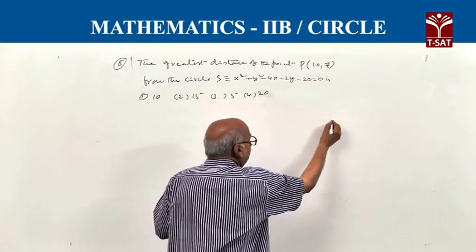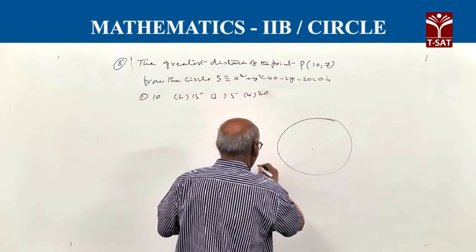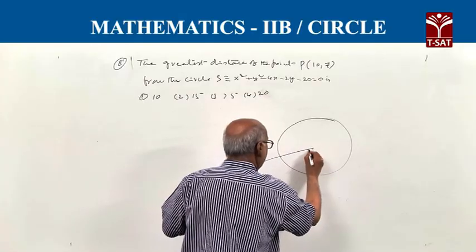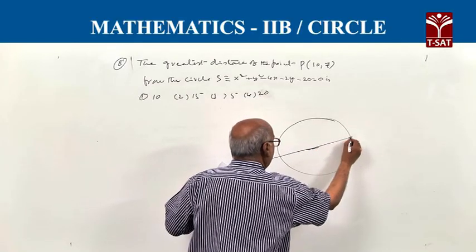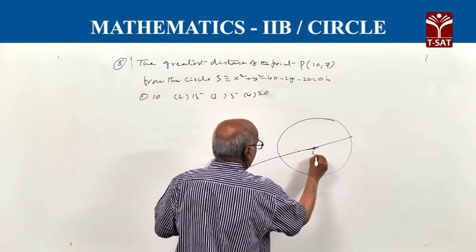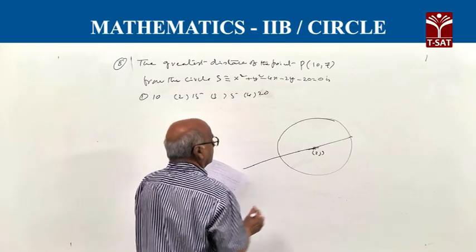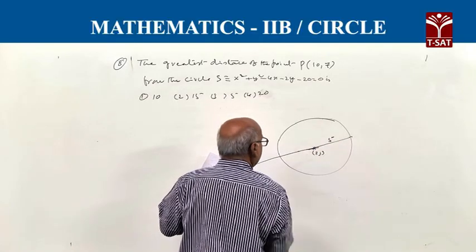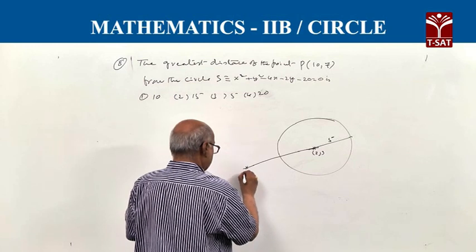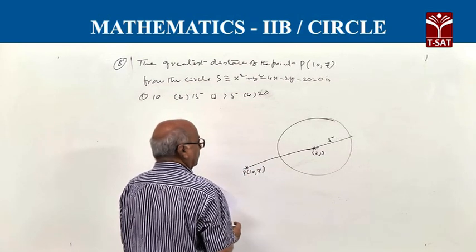So now you are given a circle whose center is (2, 1) and radius 5, and P(10, 7) is an external point.